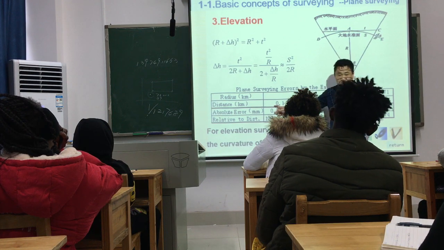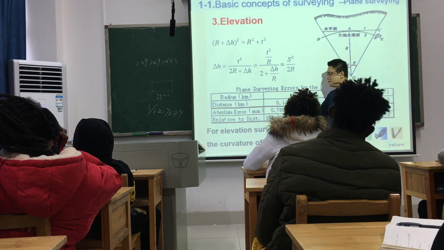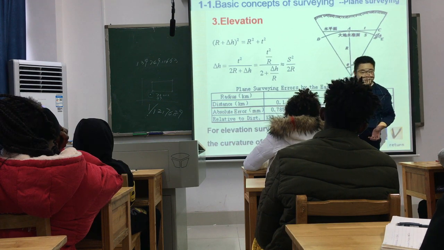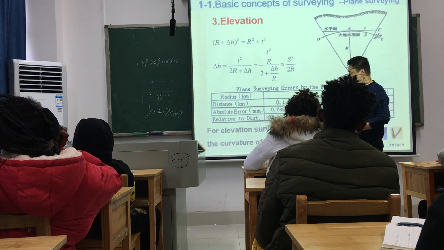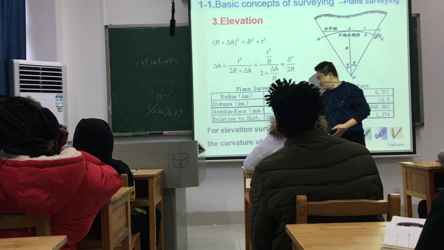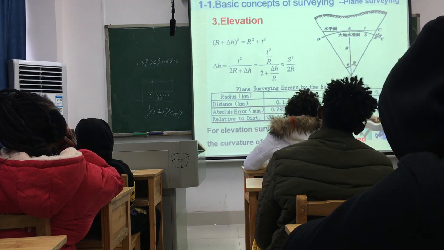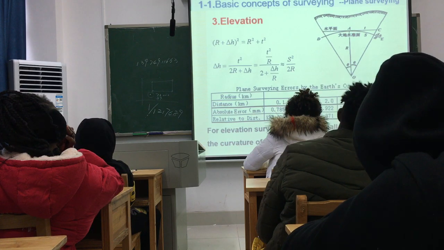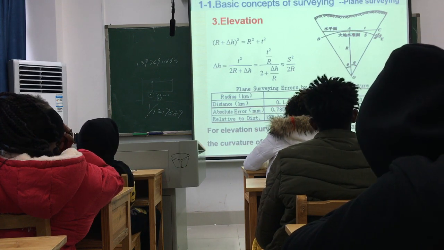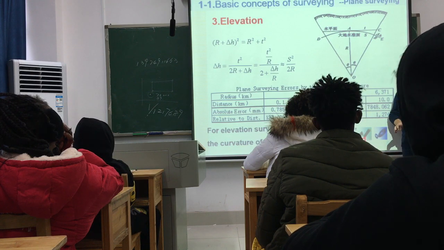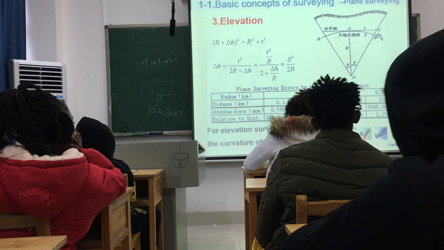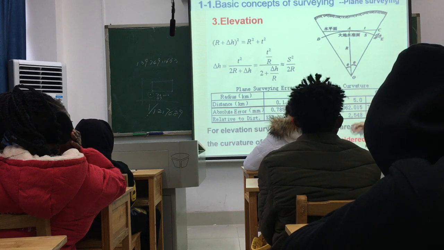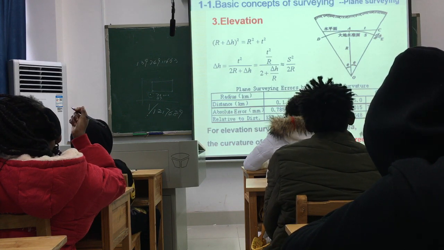This cannot be ignored. So even over a very short distance, the error is big. For elevation survey, even in a small area, the curvature of the Earth must be considered. We cannot, in any situation, think of the surface of Earth as a plane surface.